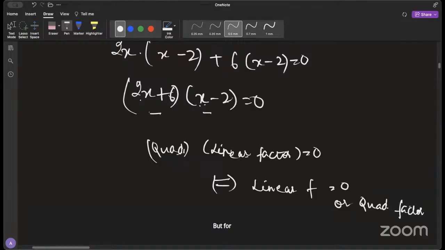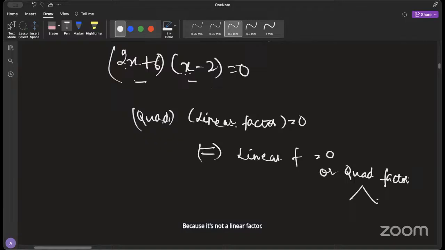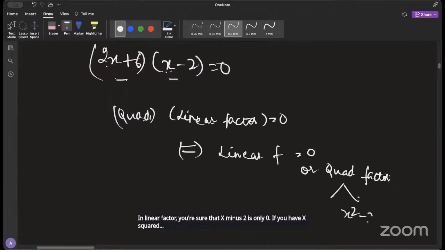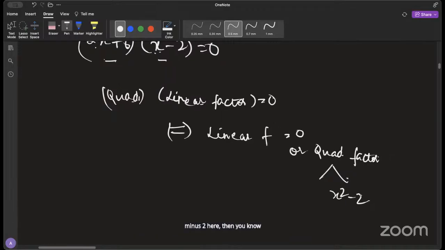But for a quadratic factor, there could be more possibilities, right? Because it's not a linear factor. In a linear factor, you're sure that x minus 2 is only 0. If you have x squared minus 2 here, then you know that this can be 0 at 2 points, not just 1 point.